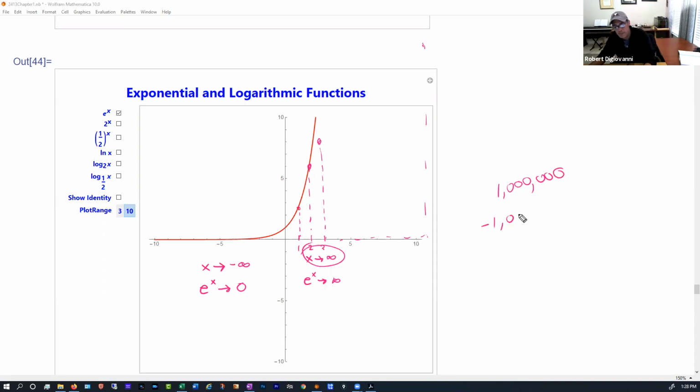Negative 1 million is not a small number, it's a big negative number. A small number would be a number really close to 0, like 0.000001. So small means really close to 0. Big means either big positive or big negative. Just so we're all on the same page with our language.